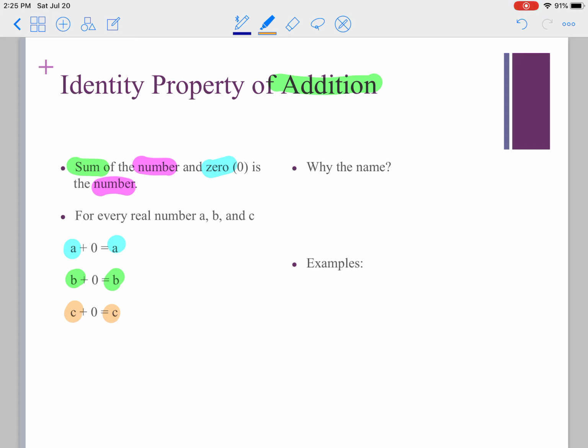So let's think about why the name identity. Take a moment. Why might this be called the identity property? I'm going to work through the why of the name using an example.